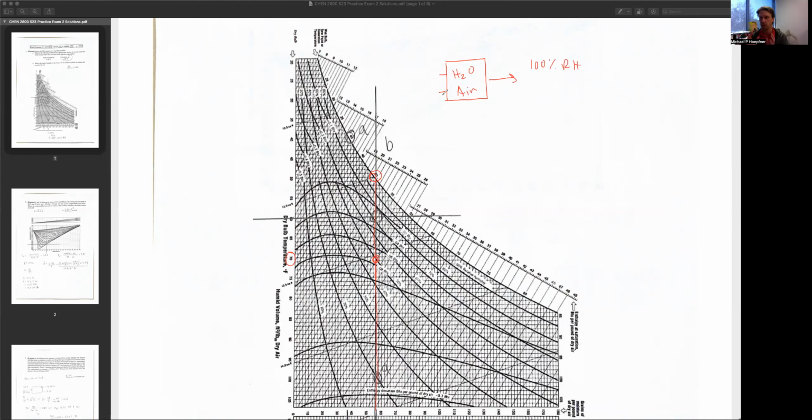It's a closed system. Now, the wet bulb temperature of this system follows these diagonal lines up to this point over here, and in this case the wet bulb temperature looks like 59 degrees Fahrenheit.